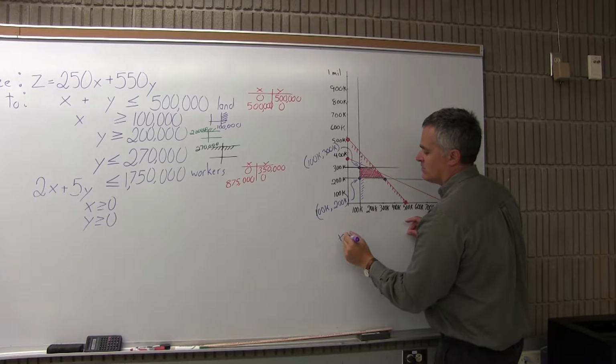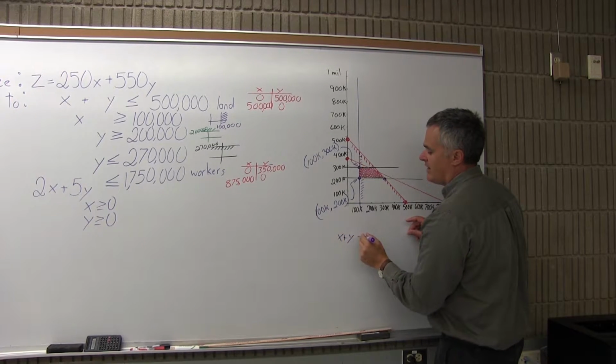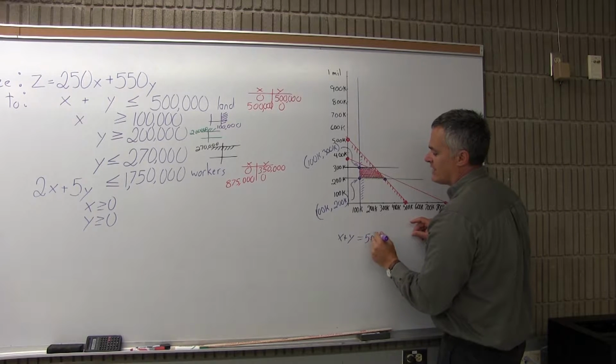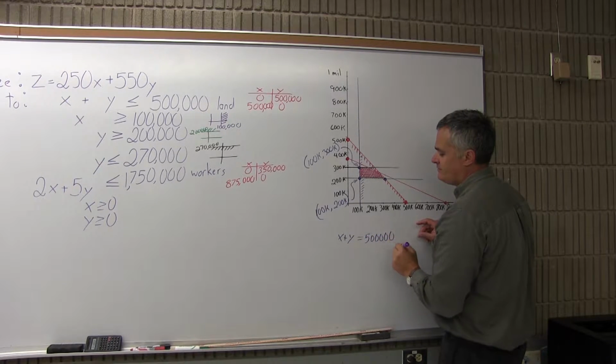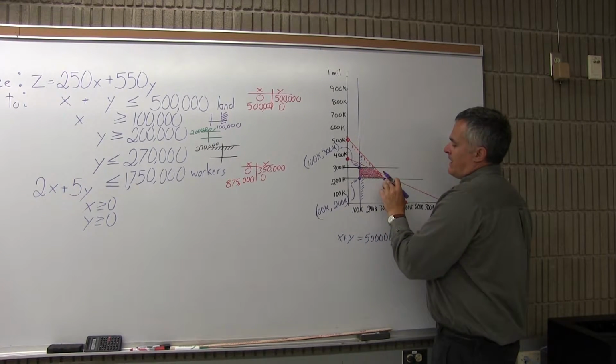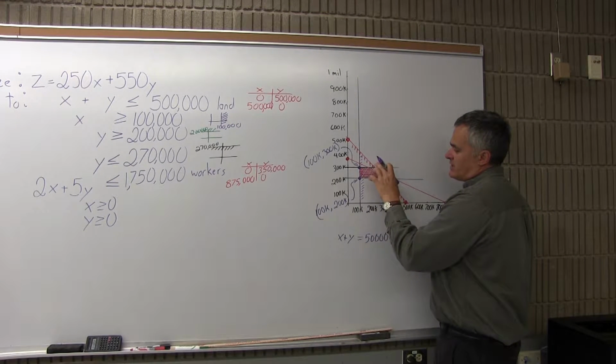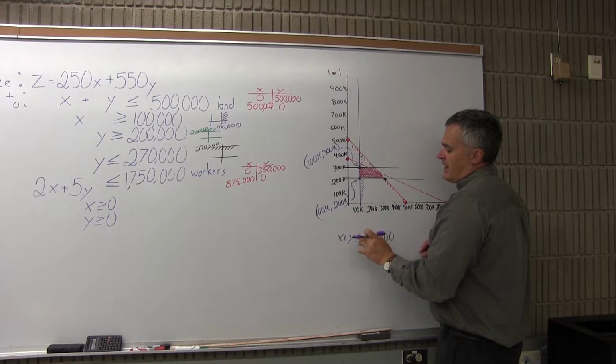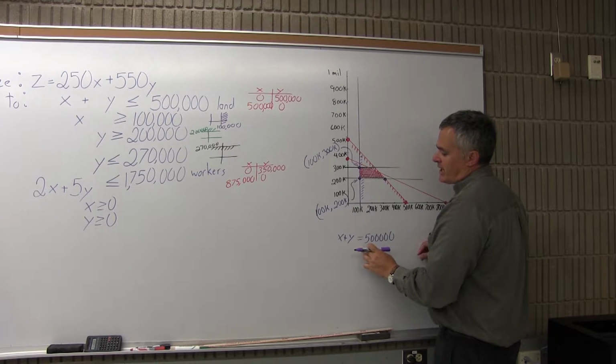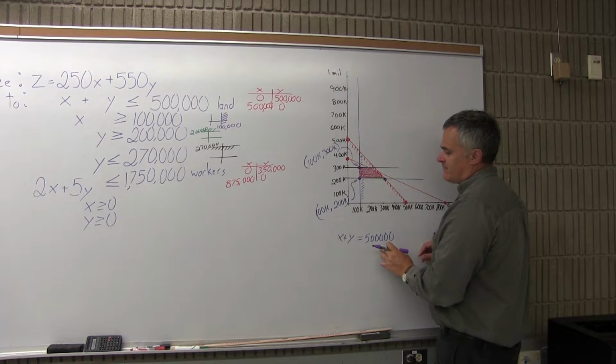The equation is x plus y equals 500,000.